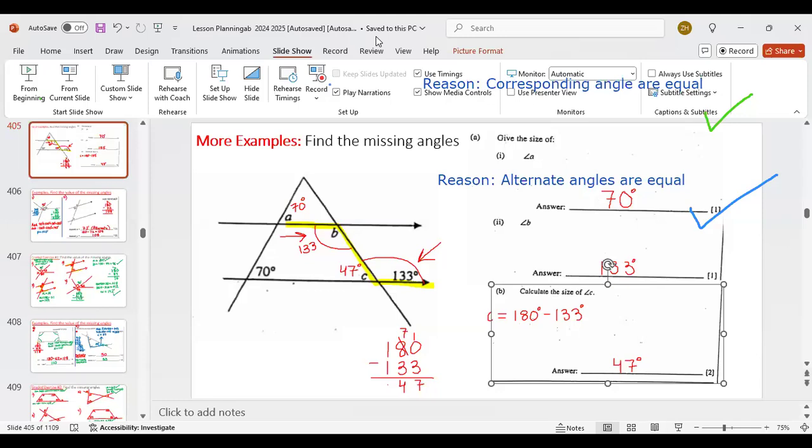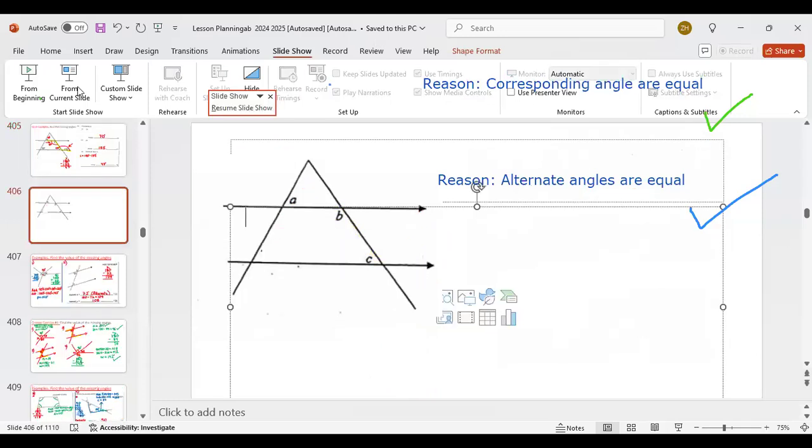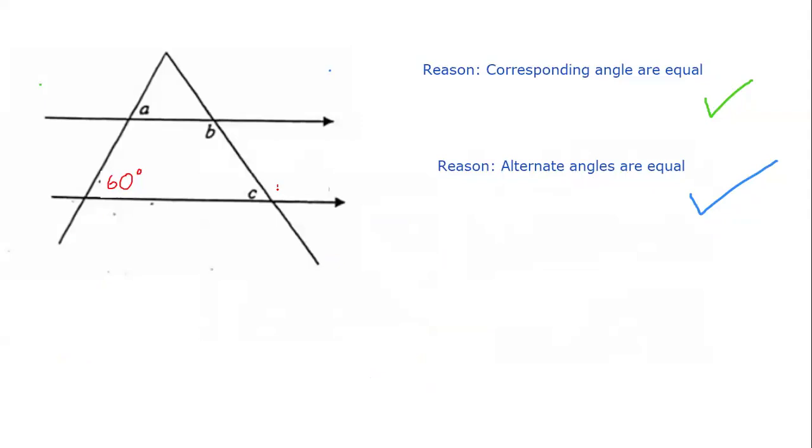Screen frozen? You can't see my screen? See it now? Yes, sir. And this is 125 degrees.